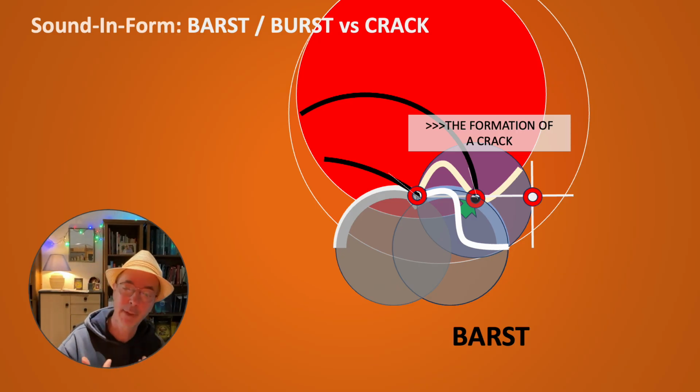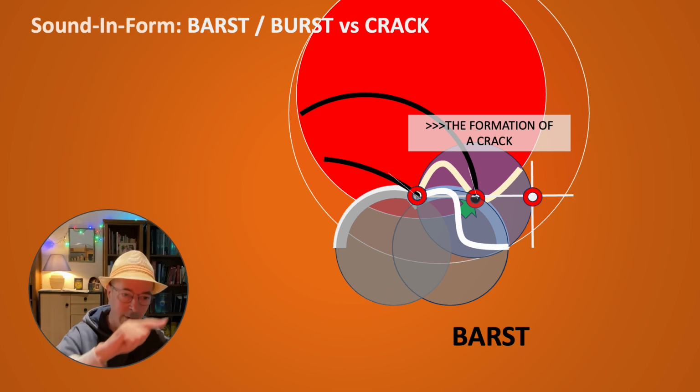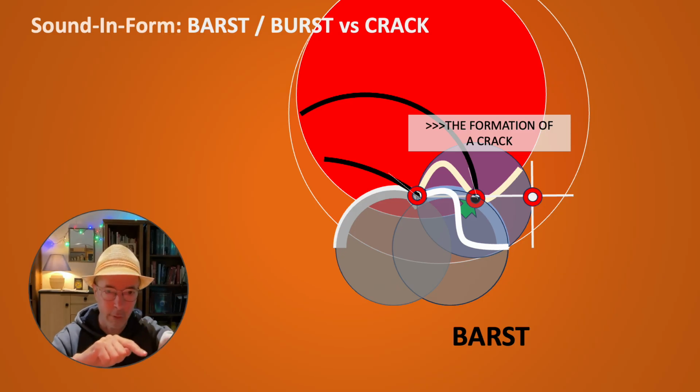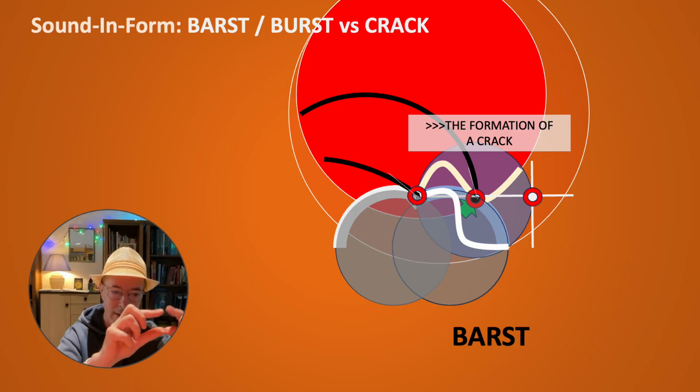So it focuses upon the formation of a crack, the whole process of a formation. And where you see, okay, here it is forming, here it is forming, these are little breaking elements. That is what BARST is focusing upon.